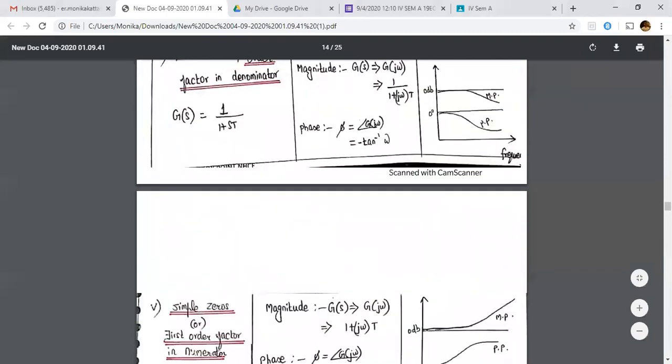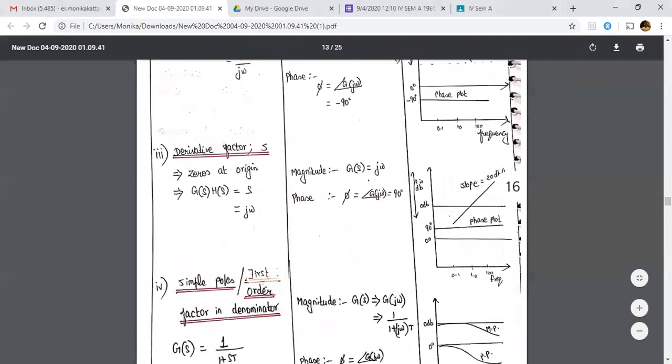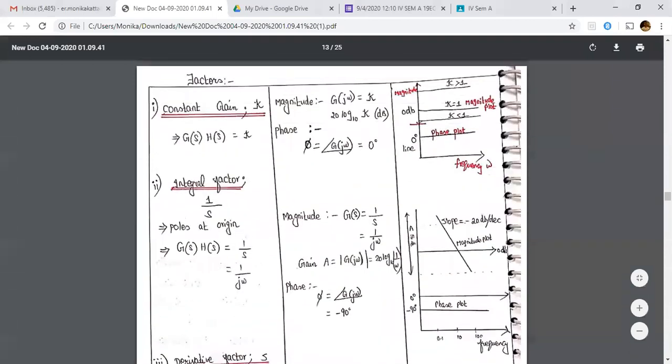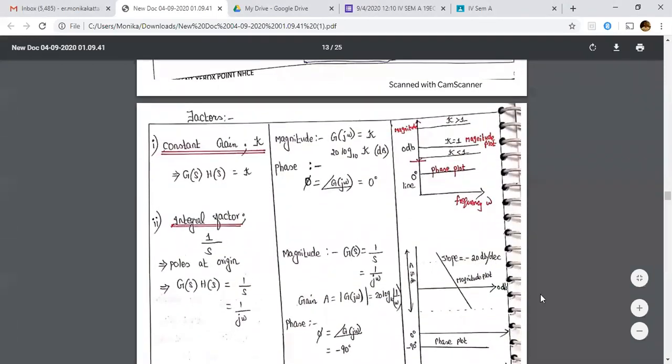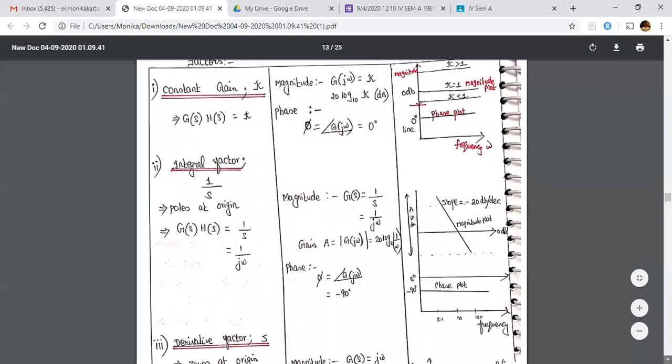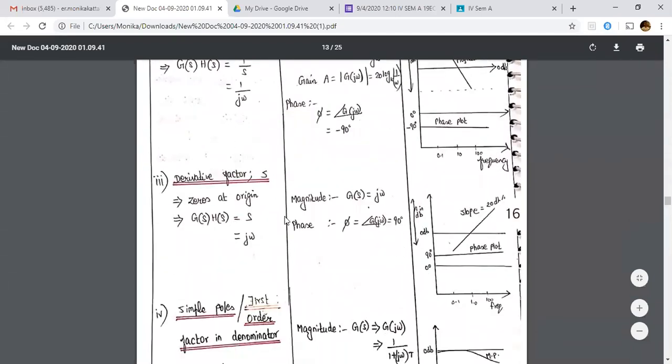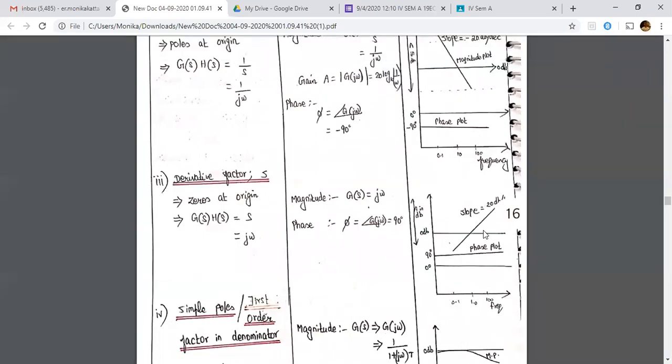See, just now I had revised you. I had told you this table. Whenever you have one pole at origin, the slope is minus 20 dB per decade. And when you have 1 zero at origin, the slope is plus 20 dB per decade. You remember, zeros are at the numerator, its slope is plus 20 dB. Poles are at the denominator, its slope is minus 20 dB.